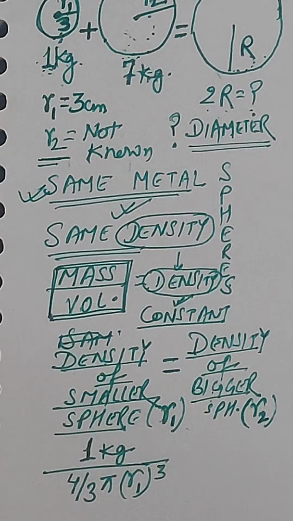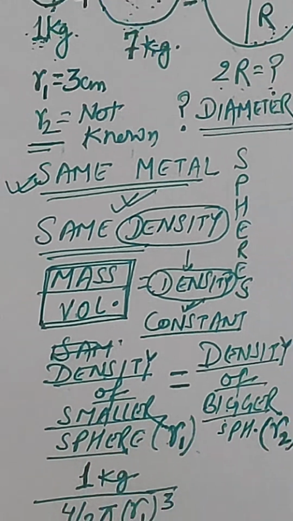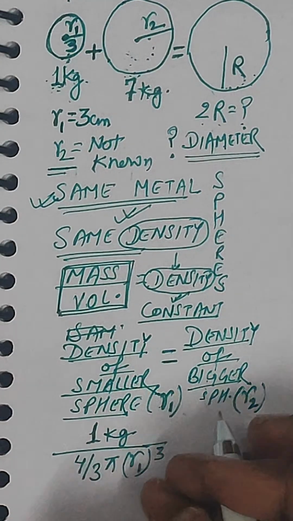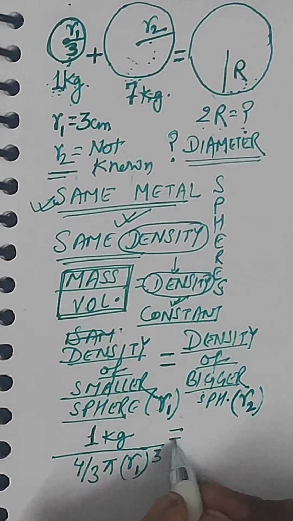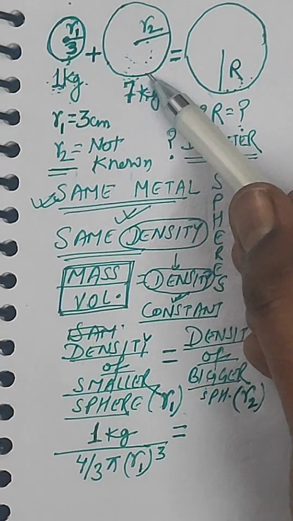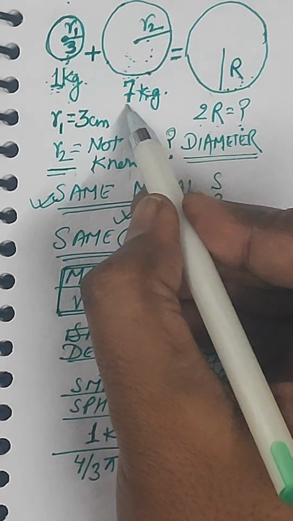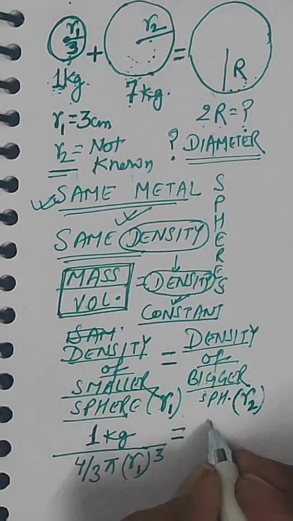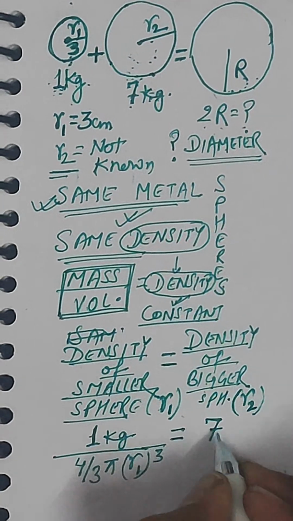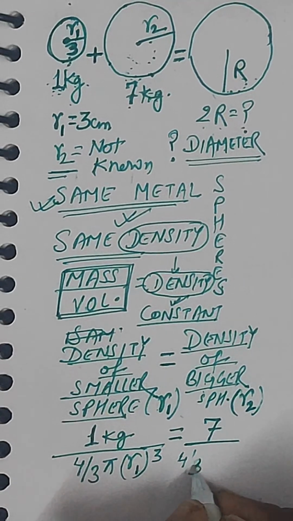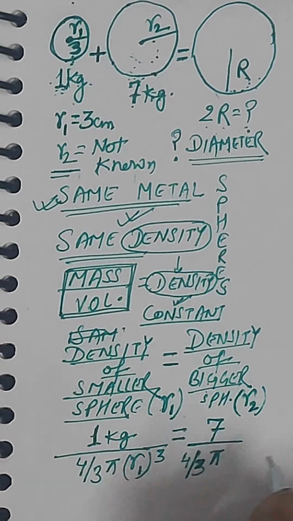This is the volume of the smaller sphere, 4/3 π r³, right? This would be equated with the density of the second sphere. The mass of this is 7 kg, so it will be 7 divided by 4/3 π.